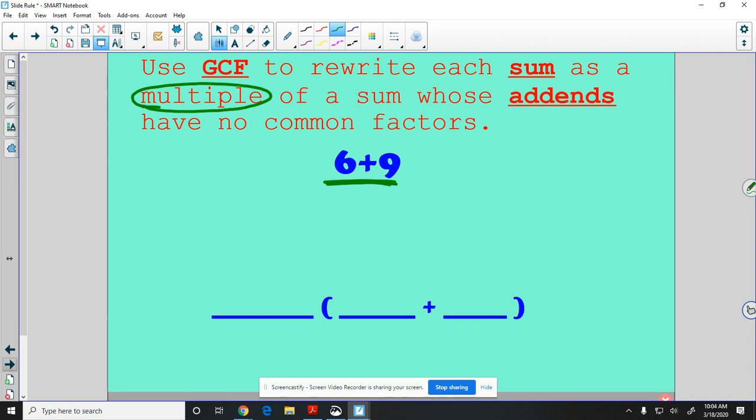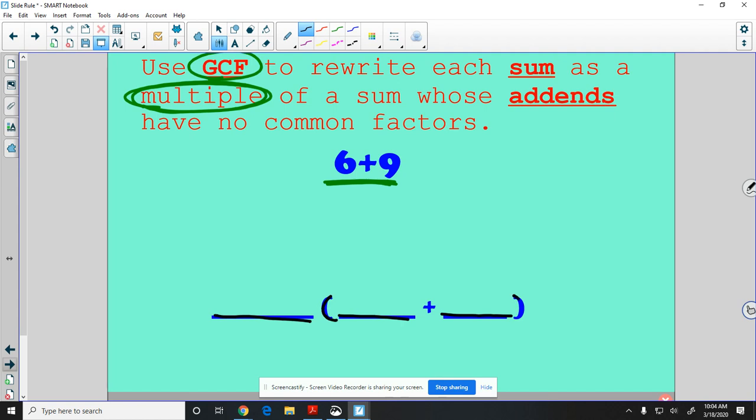So anytime you see GCF or you see multiple, because multiple is going to tell us LCM, we're going to use the slide. So we're going to use the slide, and this is called the distributive property. Okay, you're going to hear this a lot and a lot and a lot, and the slide makes this so easy.